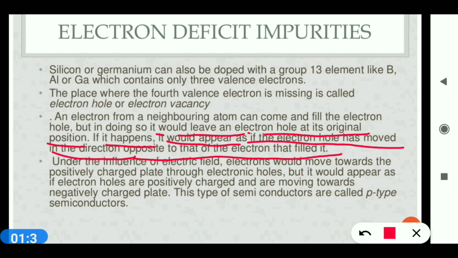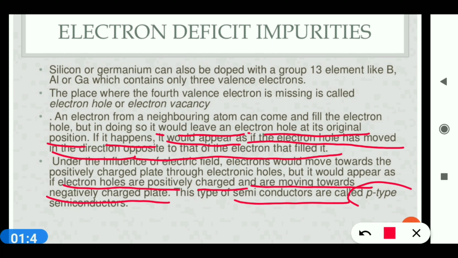So here the electron holes are positively charged and moving towards the negatively charged plate. So this type of semiconductor is known as p-type semiconductor because of positively charged electron holes.